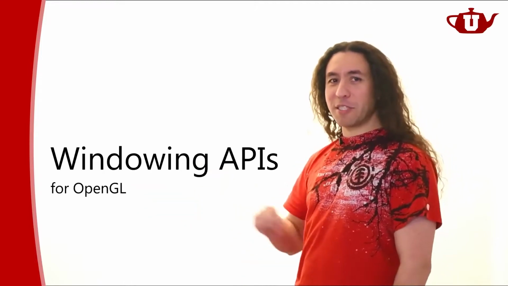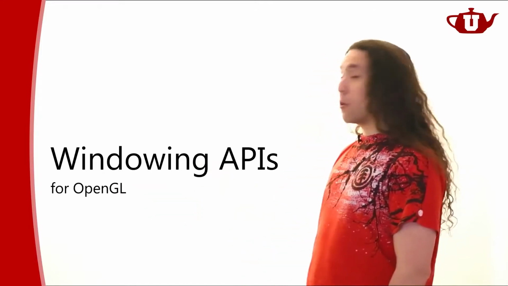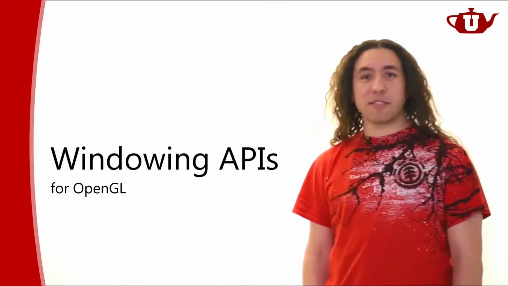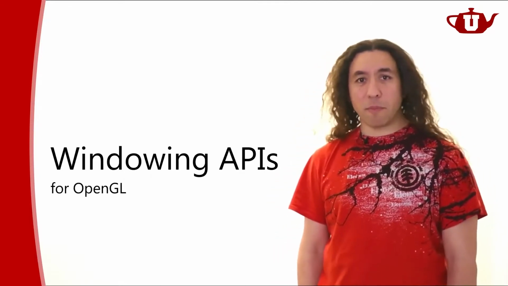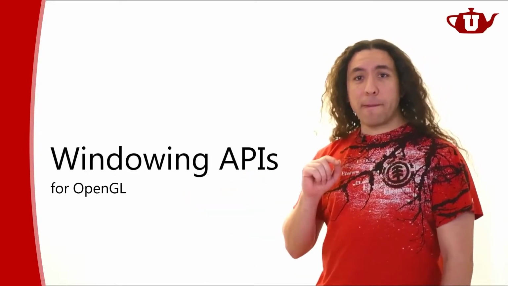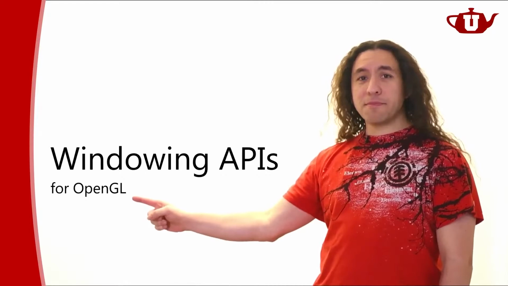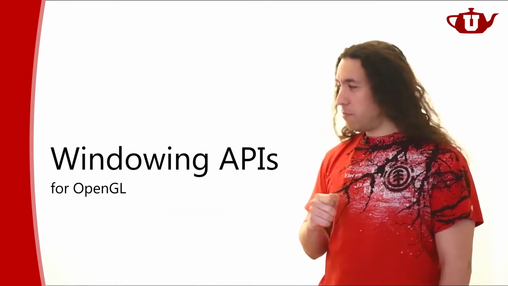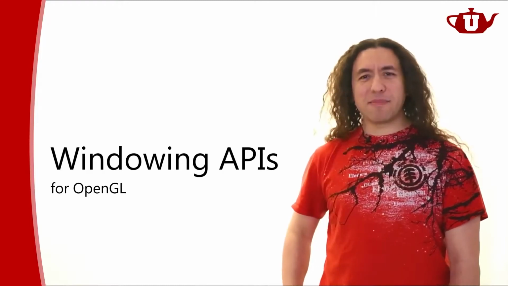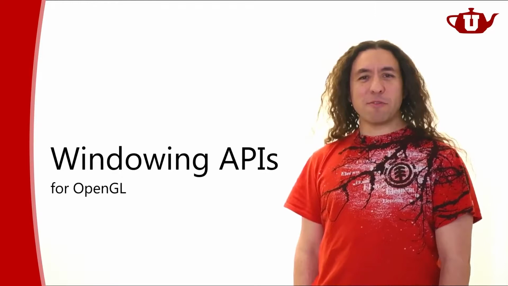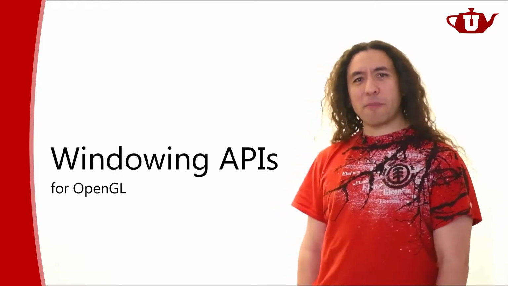So we're targeting OpenGL in this course. So the stuff that I'm going to be talking about is going to be related to OpenGL, although there is similar stuff that you can find for other APIs as well. So what's a windowing API? Well, OpenGL is platform independent, or maybe that's not the best way of describing it, but OpenGL itself is not directly communicating with your operating system.